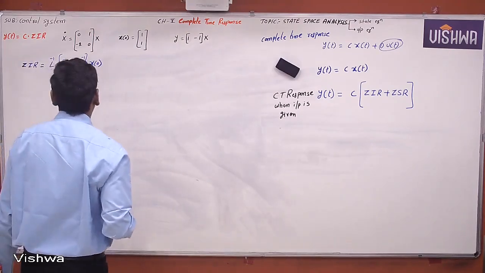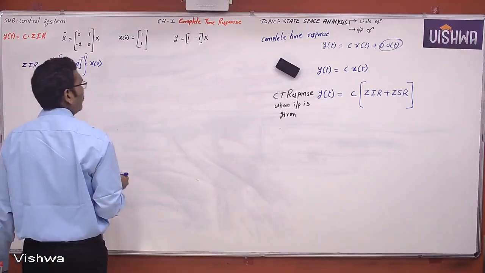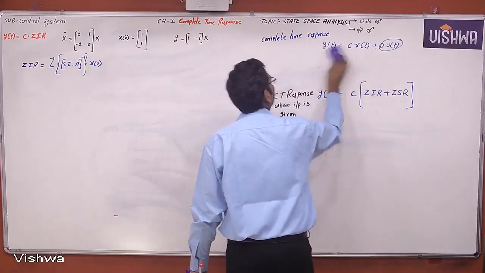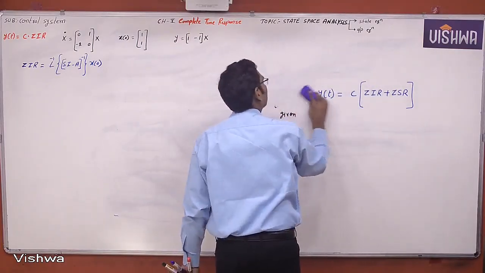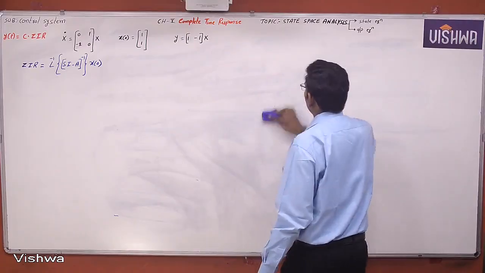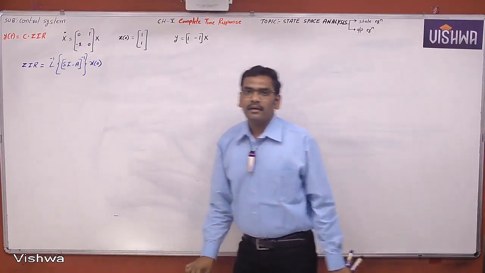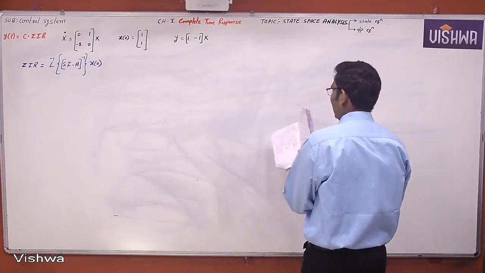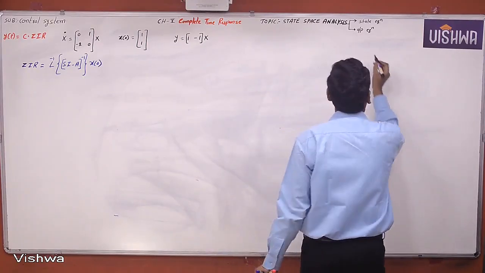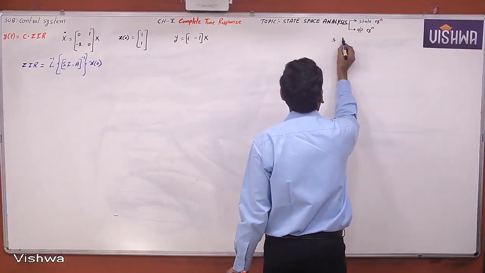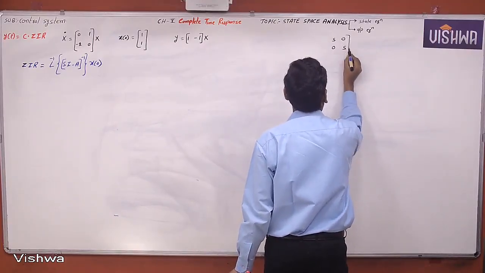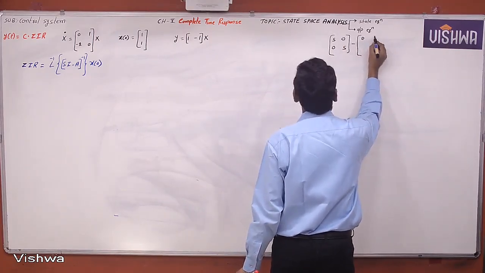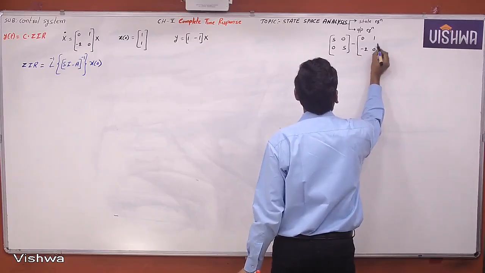First you want to find SI minus A. What is SI minus A? SI is S 0, 0 S, minus A, which is 0 1, minus 2 0.